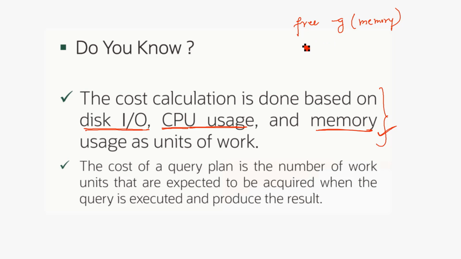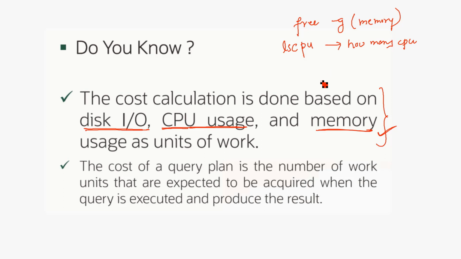Apart from that, CPU usage. From the command lscpu, you will be able to identify how many CPUs are there in your machines, and how many cores of CPUs. Apart from that, disk IO.